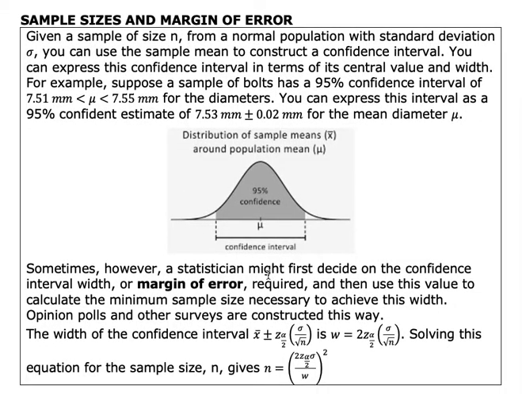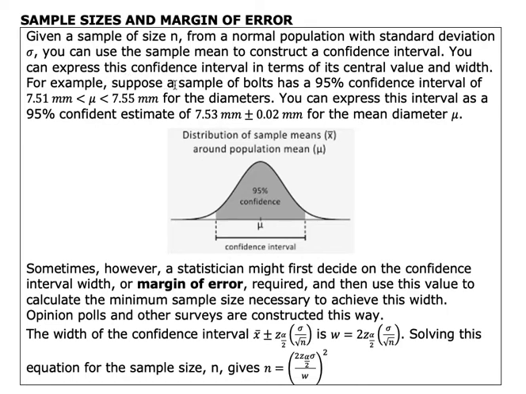So, in the last example, we were basing everything on the confidence level that we wanted, but another way that you might want to create an interval is based on a desired width. So, that being said, given a sample of size n from a normal population with standard deviation sigma, you can use the sample mean to construct a confidence interval. You can express this confidence interval in terms of its central value and width.